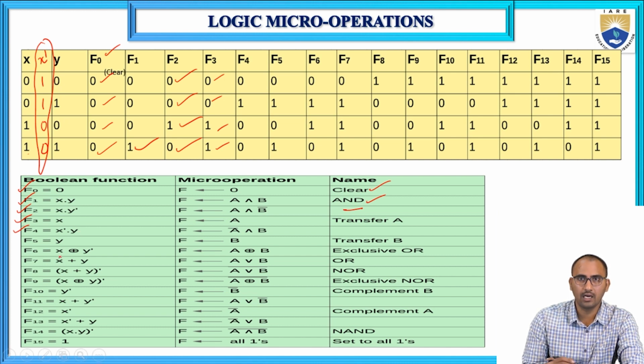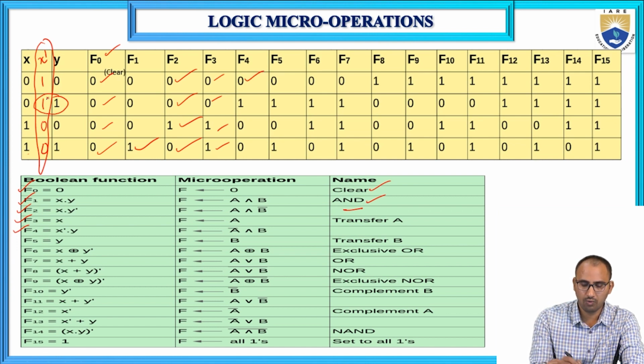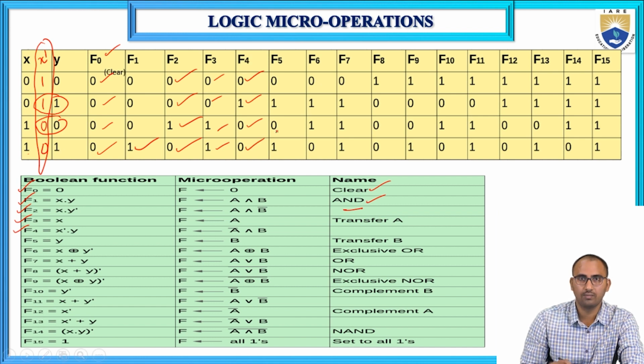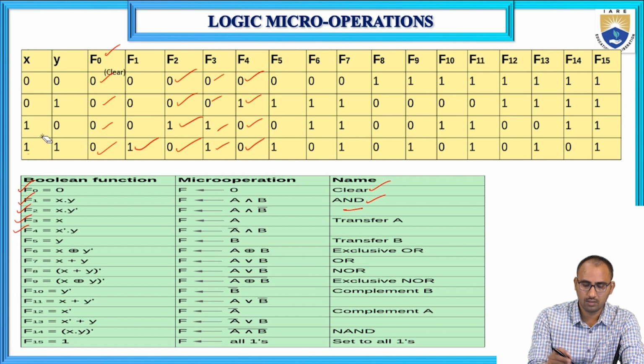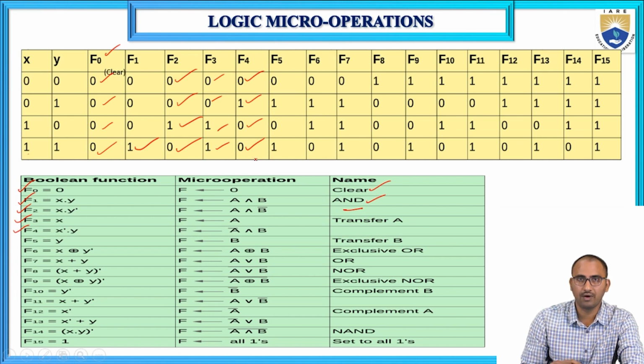We are performing AND operation. So 1 into 0, 0. 1 into 1, 1. 0 into 0, 0. 0 into 1, 0. That is the F4 function.